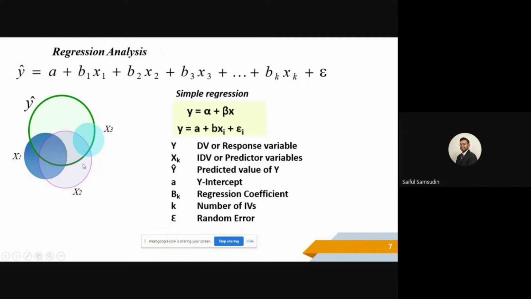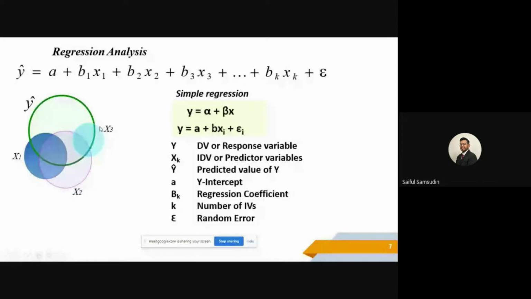When we link these three, we connect them with this Y. Secara lebih mudah, dengan menggunakan tiga independent ini, kita dapat tentukan nilai dependent kita, iaitu Y. So di sini kita ada relationship between variable kita dengan apa yang kita perlukan.